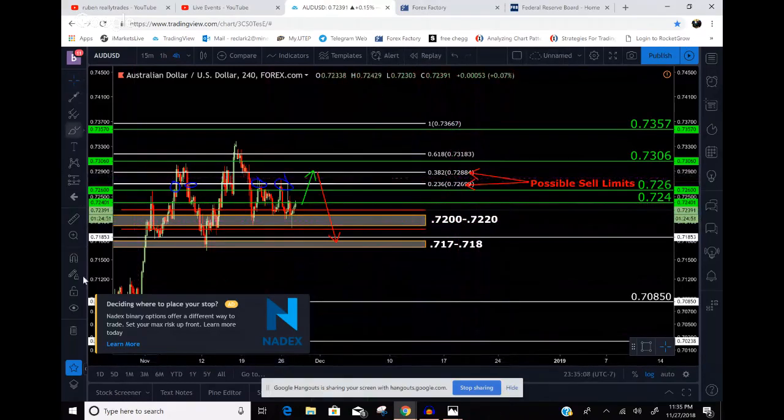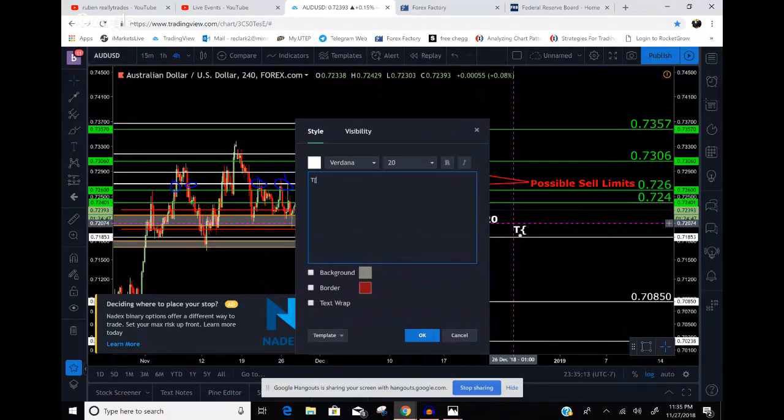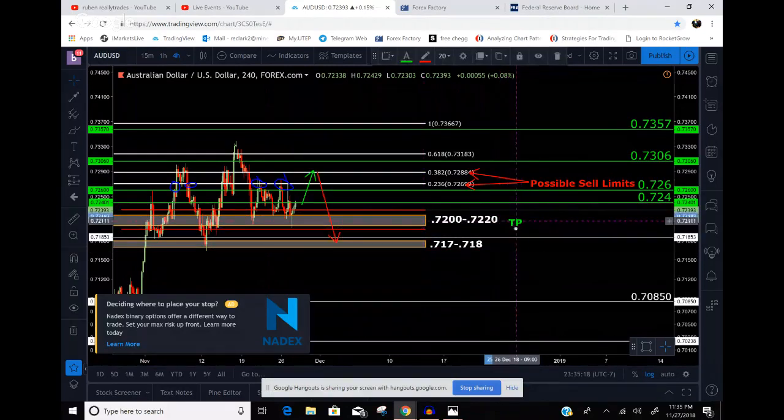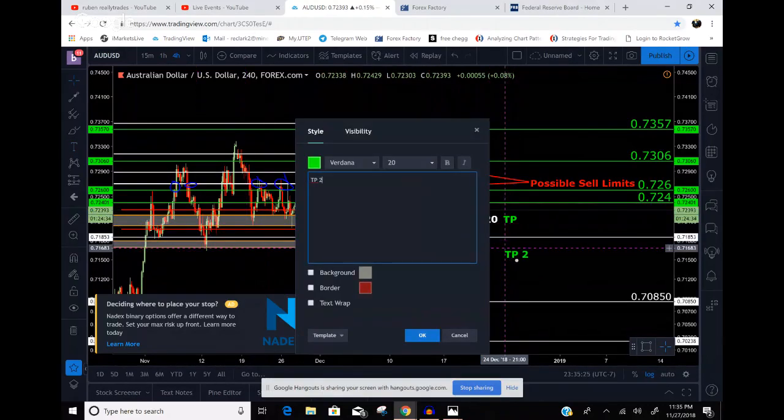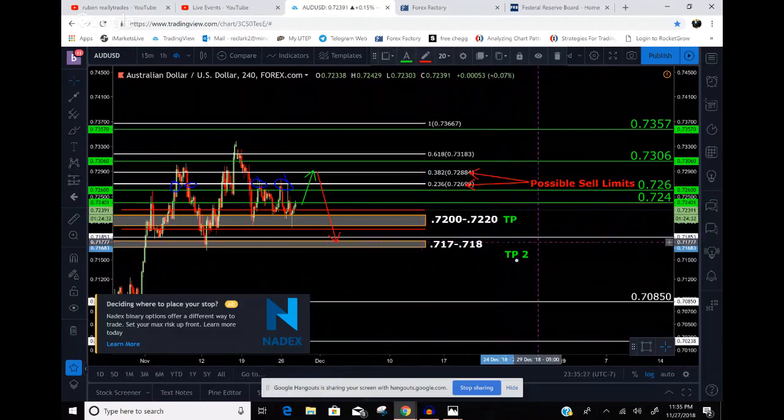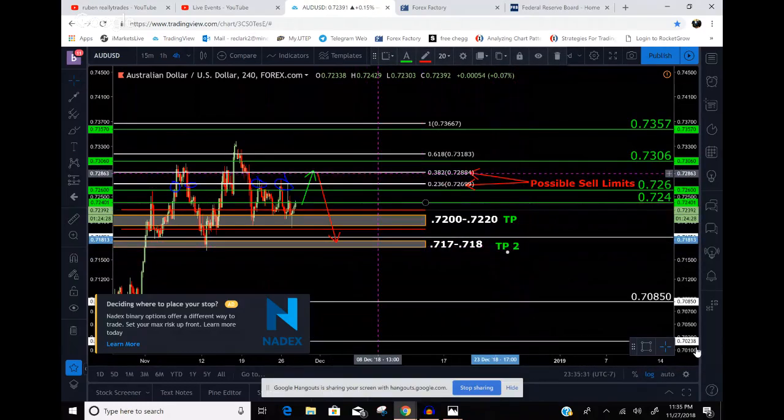So right here, I'm just gonna put a green TP next to them so y'all can see that. TP1 and TP2.